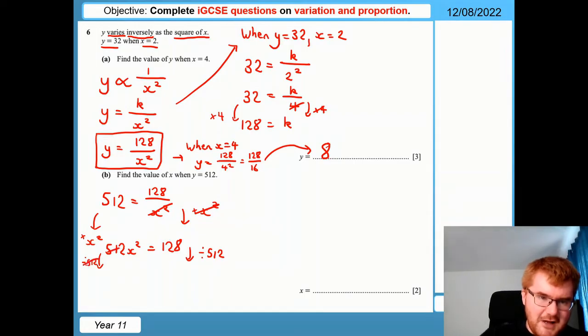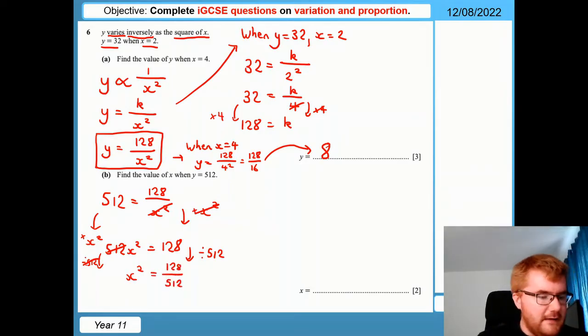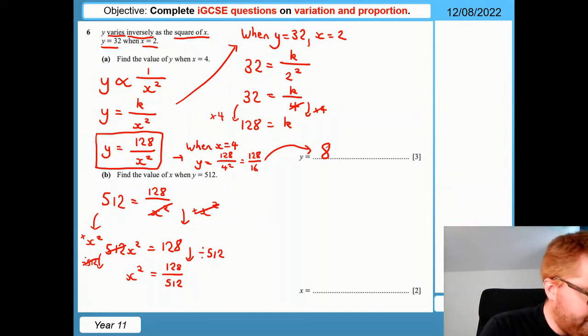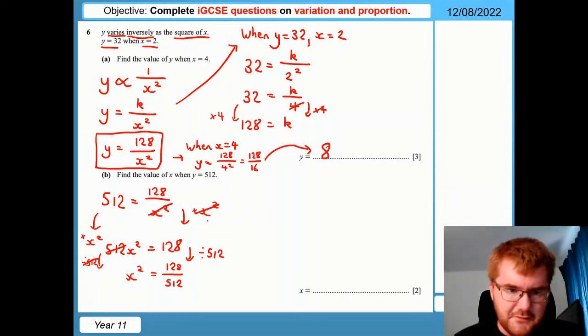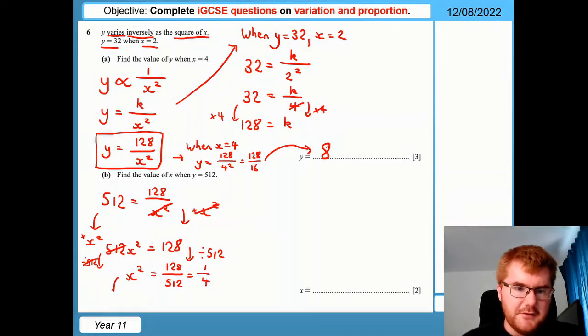It's always that constant battle with equations. Get that x on its own. So we get 128 over 512. Now I assume that simplifies. Yeah, it simplifies down to 1 over 4. And now we want to get the x on its own. So the opposite of squaring, square rooting on both sides, giving us x as our final answer.